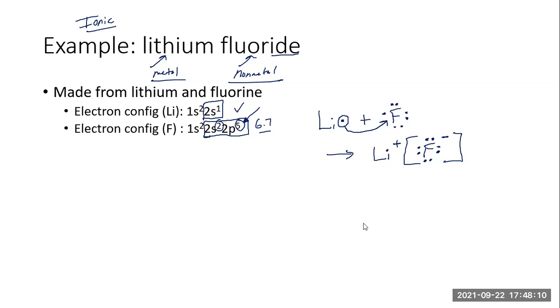It is this attractive force between the positively charged cation and the negatively charged anion that holds it together. We draw these for ionic bonding, showing the charges. We also put one of them in brackets to indicate that there's absolutely no sharing of electrons occurring in this situation.